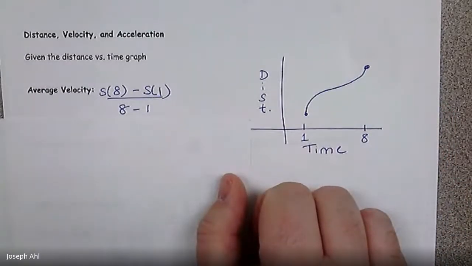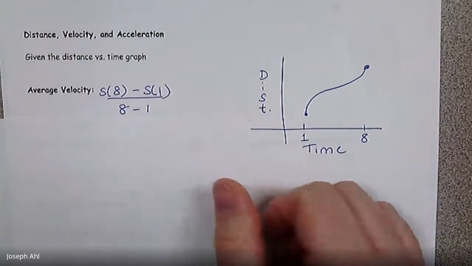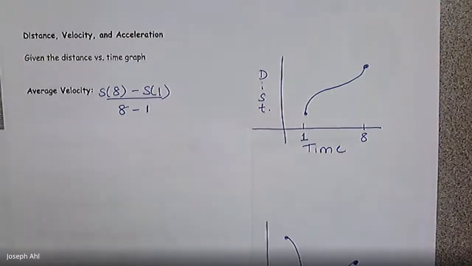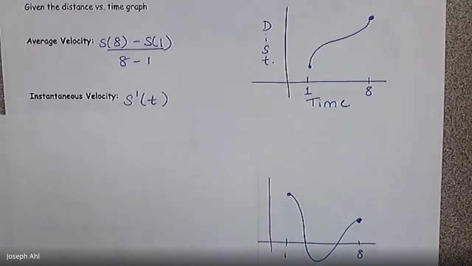Meanwhile, if I want the instantaneous velocity, we know that's an application of a derivative, so that would be S prime of t. So that's how we've looked at this so far mainly: given a position function, finding velocity by finding derivatives. Again, average velocity would just be the slope of the secant.